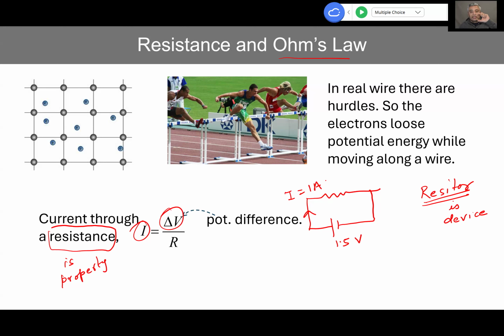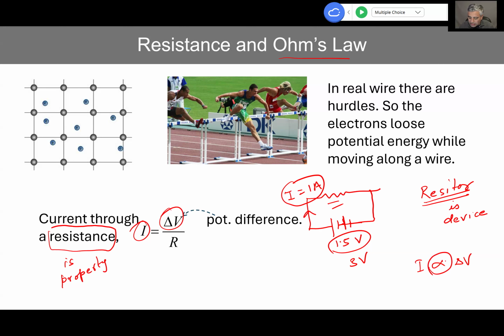Now, if you connect another battery, you are almost doubling this. So now this becomes 3 volt. Now he observes that for the same wire, current becomes double. So that means current and voltage are proportional to each other.